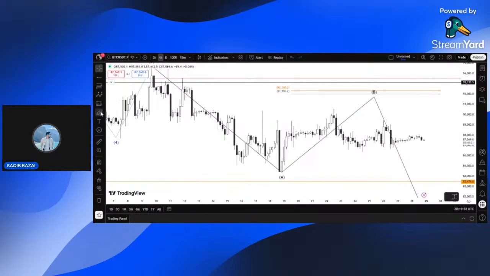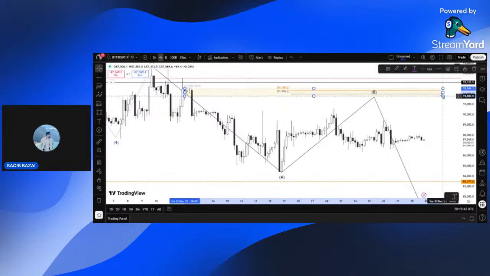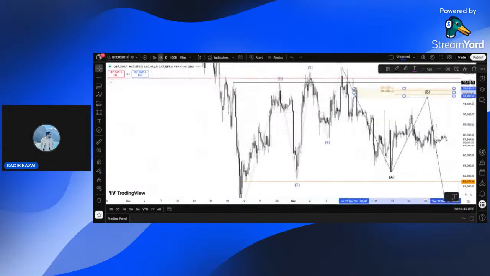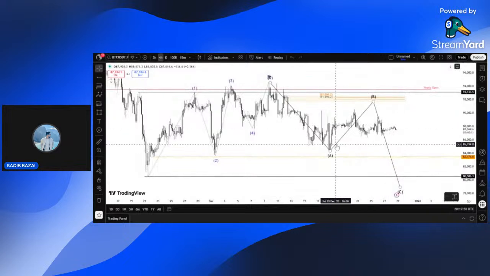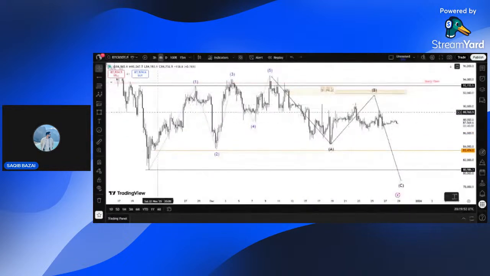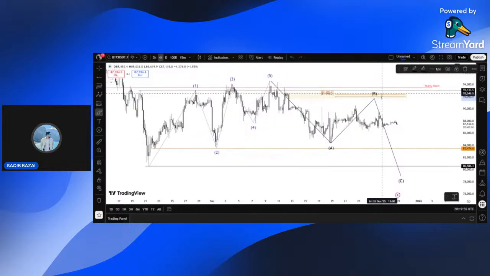Let me mark this order block, and we are lying exactly at the 0.786 and 0.75 Fibonacci retracement level. So if we see a pump to the upside, I will look for a short trade in the next week. I will look for a short trade here, basically into this range.